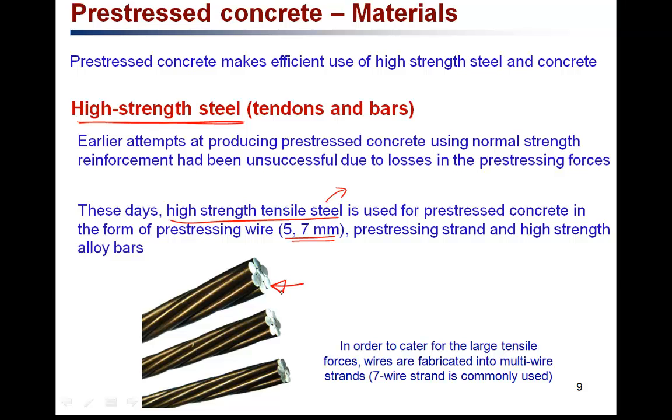These wires have a very high tensile strength, and having these small wires will help to improve the bond between the concrete and steel as well.